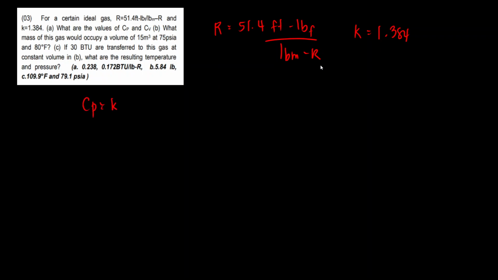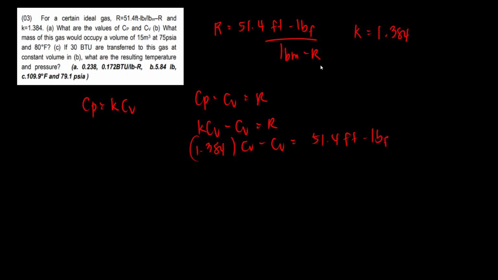Cp is equals to kCv. Cp minus Cv is equals to R. Okay? So, kCv minus Cv is equals to R. 1.384 times Cv minus Cv is equals to 51.4 foot pound force over pound mass Rankine.